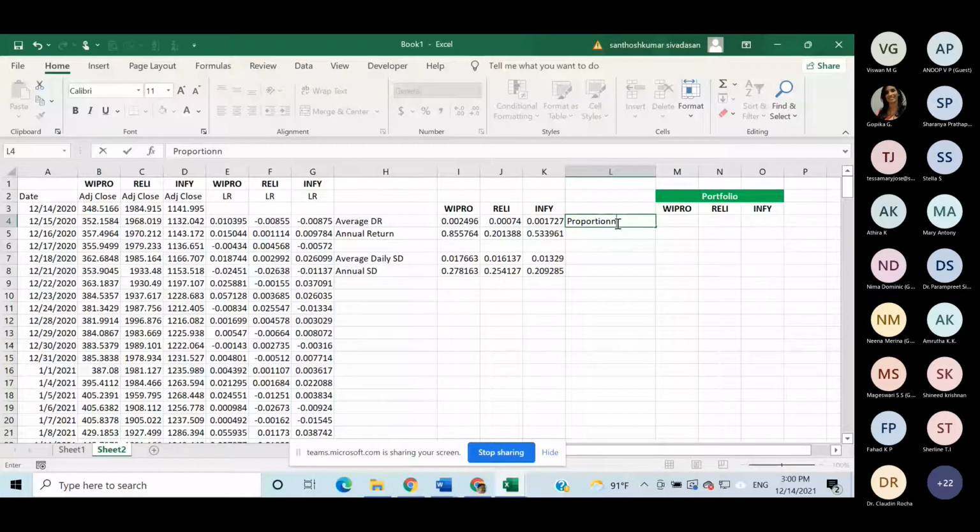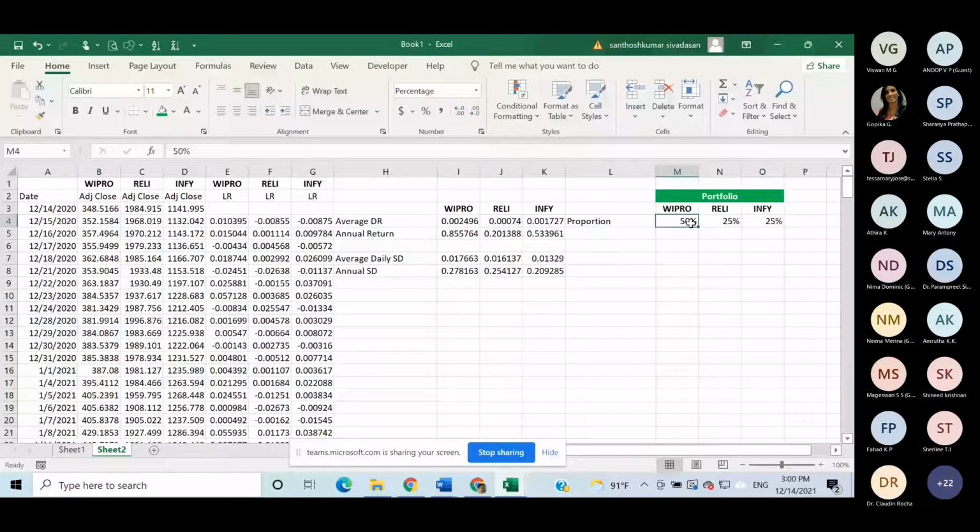I've committed 50 percentage in Wipro, 25 percentage in Reliance, and the rest 25 percentage in Infosys. So this is the proportion portfolio, right? Okay, 50 percentage here.